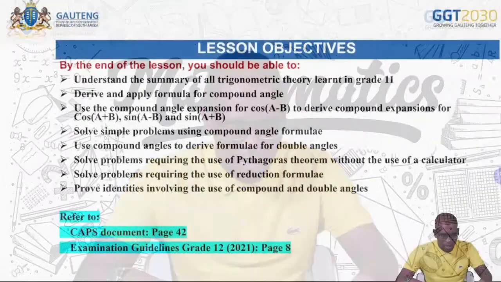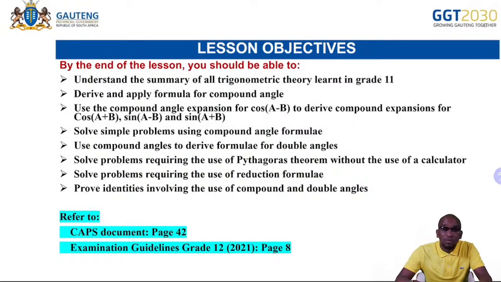Obviously we would have our lesson objectives. By the end of this particular lesson you should be able to understand the summary of all trigonometric theory that you learned in grade 11, derive and apply the formulae for compound angles, and expand that knowledge to derive the other formulas: the cosine of a plus b, the sine of a minus b, and the sine of a plus b.